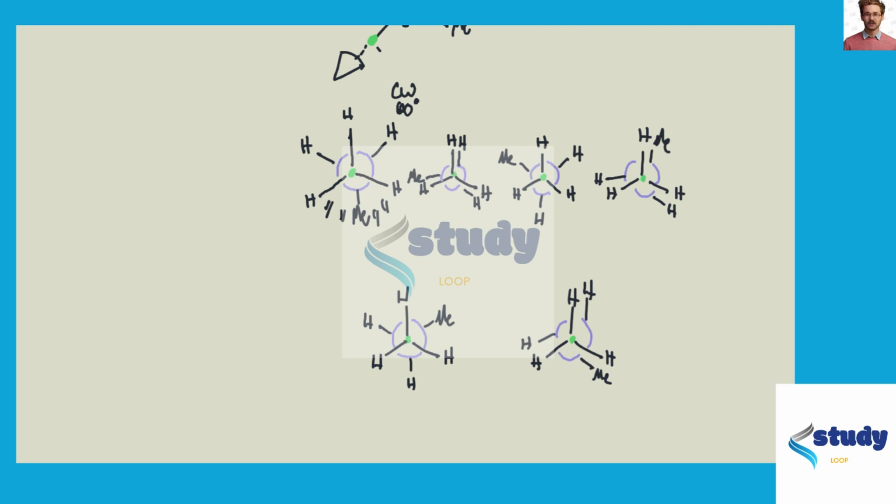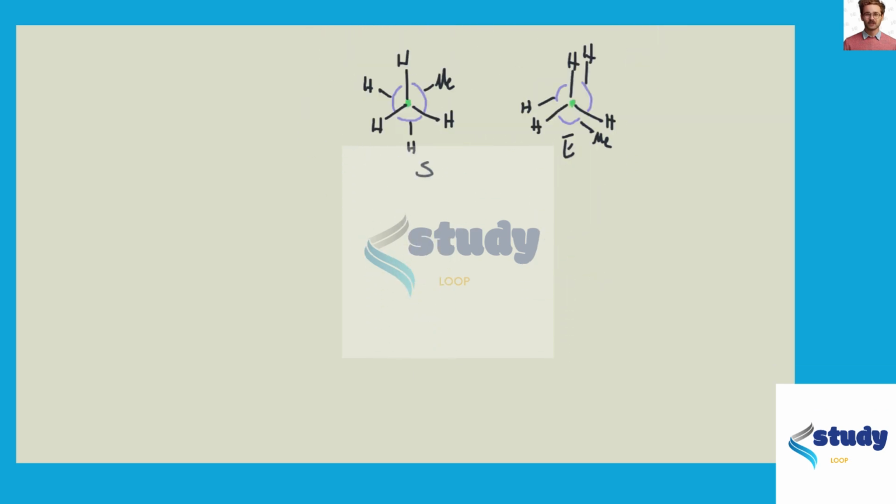That is, these 3, which I'll label, well, actually, let's label them S for staggered, staggered, staggered, staggered, are indistinguishable from the E for eclipsing varieties, right? So in terms of an energy profile, we're really only going to have 2 energy levels, staggered and eclipsed, right?